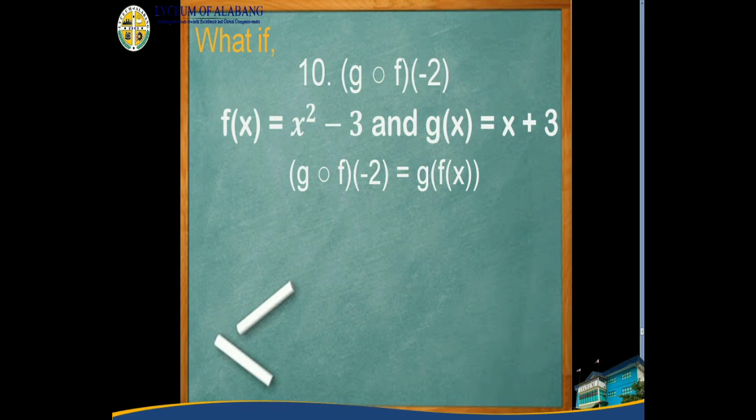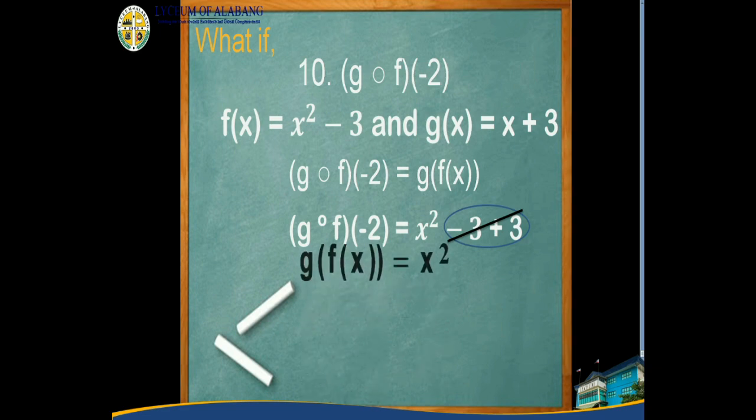To get the composition of the given function, first, substitute the value of g of f of x. And we have x squared minus 3 plus 3. Then, combine like terms. Negative 3 plus 3 cancel.